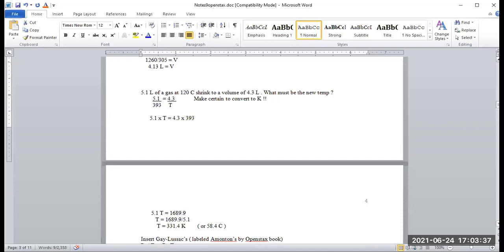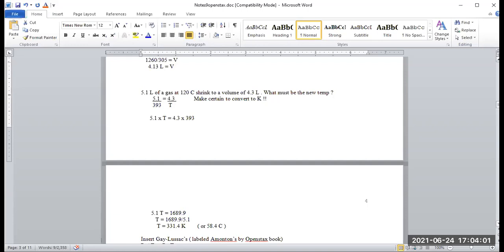What's my new temperature? All right, so add your 273 to the 120, and I get 393 as my first temperature. So 5.1 over 393, 4.3 over T.